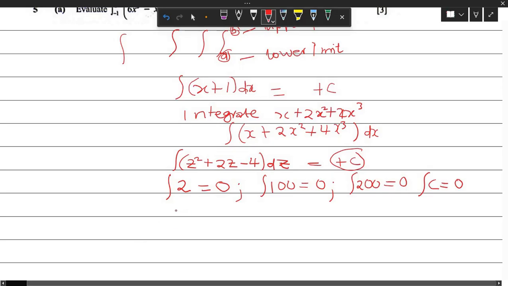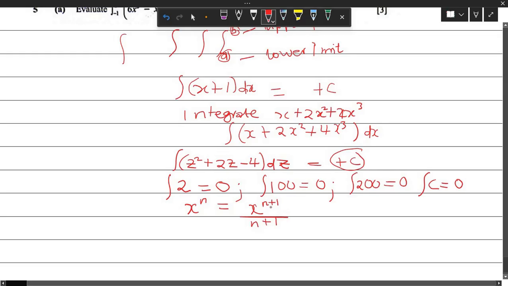Okay. Then if you are integrating a variable, for example, a variable x to the power n, if you are integrating this x to the power n, your answer should be x to the power n plus 1, then divided by n plus 1.